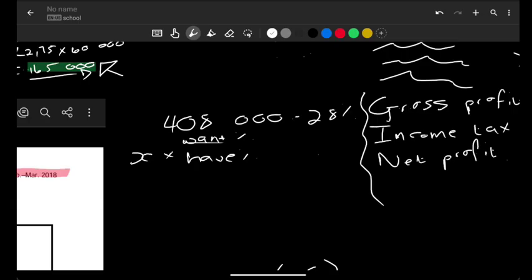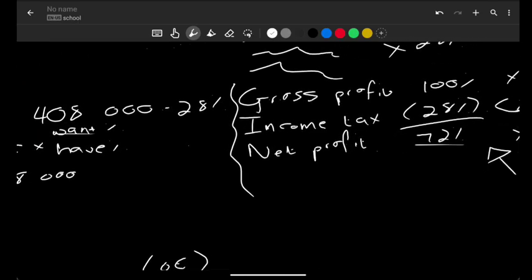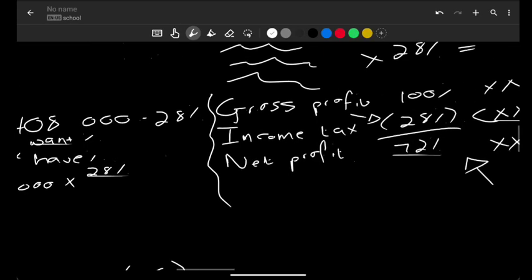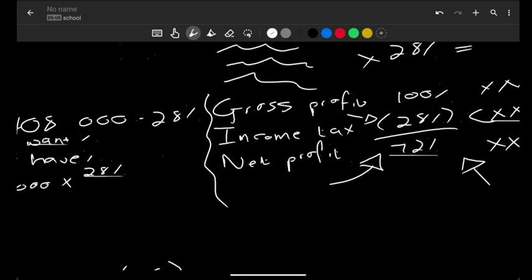Now, I'm going to show you. 408,000 is what we have. This 408,000 they told us is income tax, meaning that it represents 28%. So we're going to say multiplied by what we want, which is net profit.